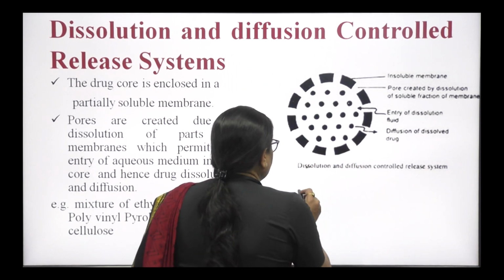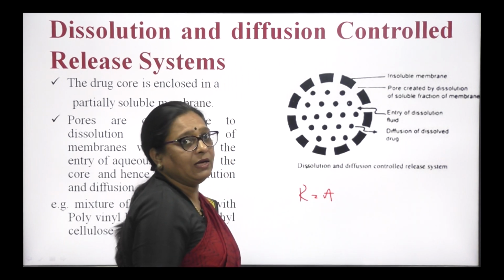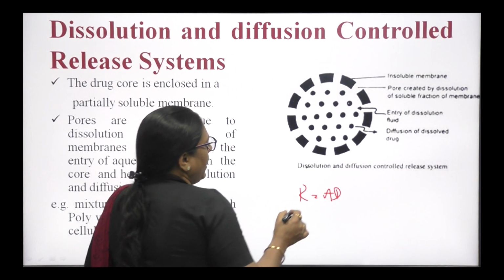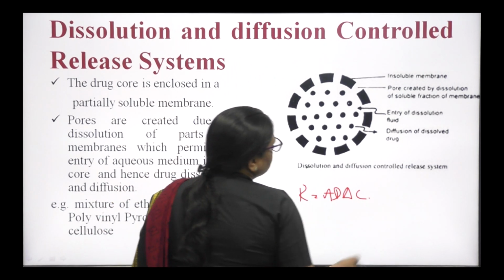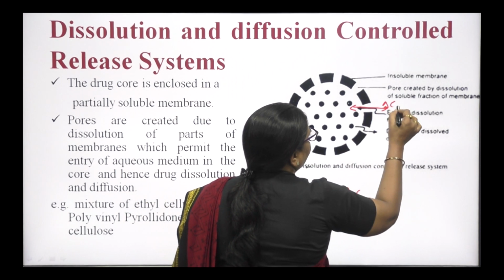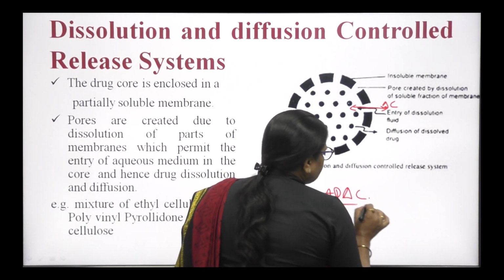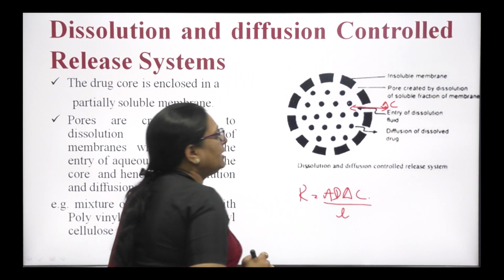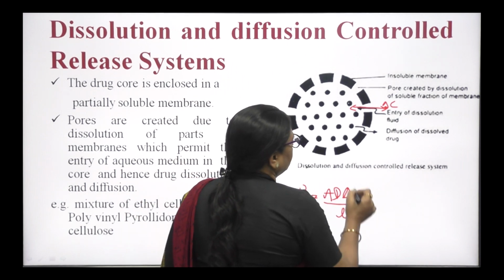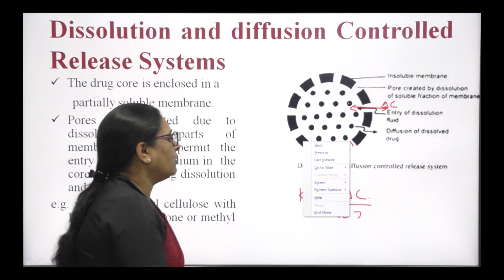The rate of drug release R is dependent upon the surface area available for diffusion, the diffusivity coefficient of the drug, and the concentration gradient across this membrane, delta C, and it is inversely proportional to the thickness of the polymeric coat, which is depicted by L here.